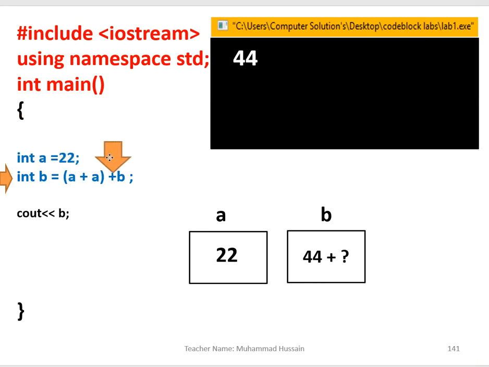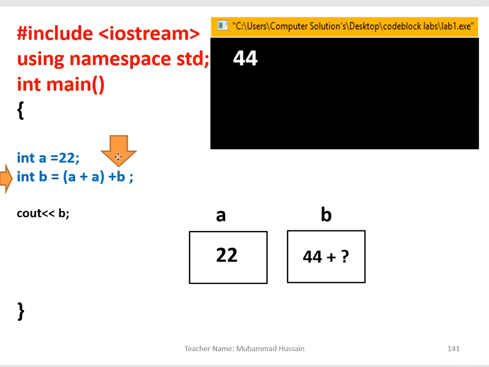It moves toward B, and after this process is done it will give the error value. But yet we are in the middle, we have 44 plus, and now we are confused about what B will be. So B is actually nothing. The compiler will say that we are in the process and have not yet got the complete answer.